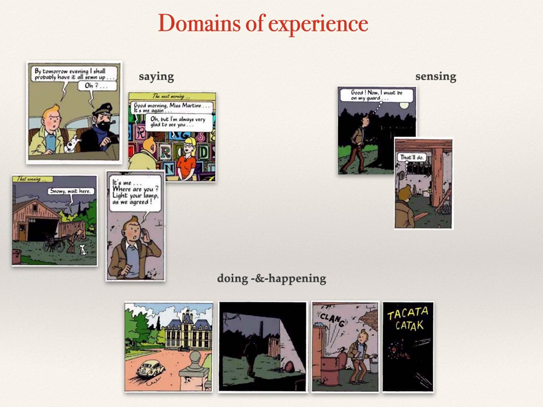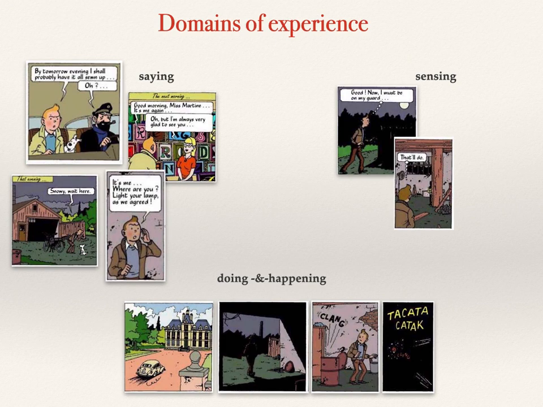There is a first order of experience that can be depicted, drawn, painted, and then there's a higher order of experience that is only representable linguistically, what people say and what they think, their locutions and their ideas. Now that's an interesting thing you get out of examining comic strips, the sense of different domains of experience being sorted out according to the conventions of comic strips, at least these 3. There are in fact more, but these 3 are very central.